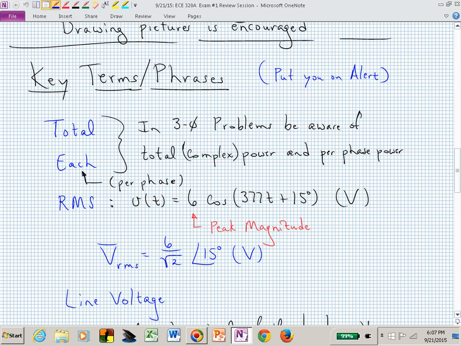RMS, don't let that trip you up. Typically, when we write a sinusoidal waveform in the time domain, the coefficient is usually a peak magnitude. But a lot of the formulas that I use, I like to keep track of my variables in terms of RMS units, which for sinusoids just involves a scaling. If I ask you to compute the RMS value of some interesting waveform, it's usually not divide by the square root of 2.